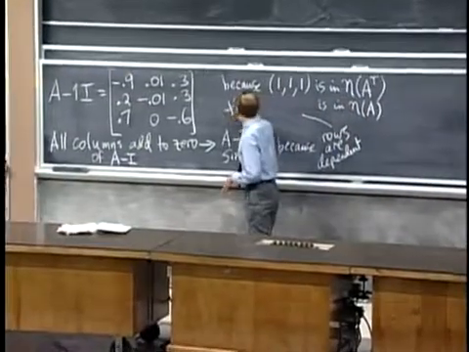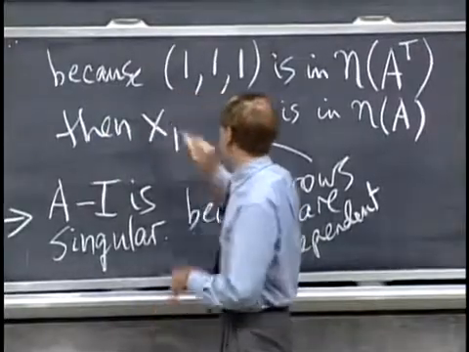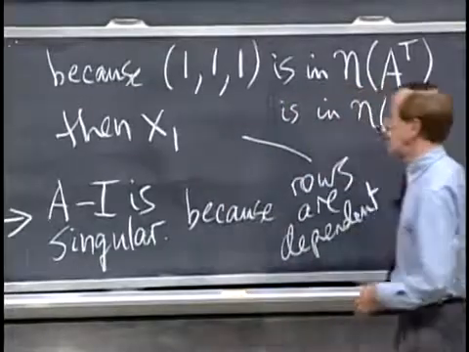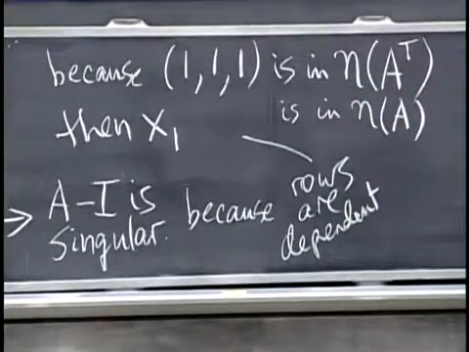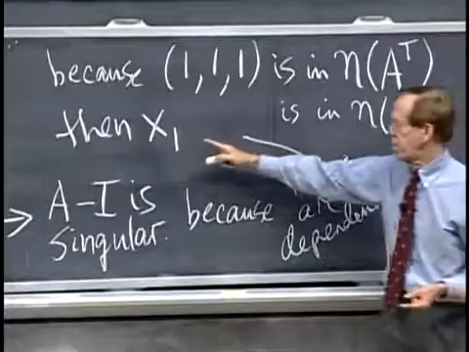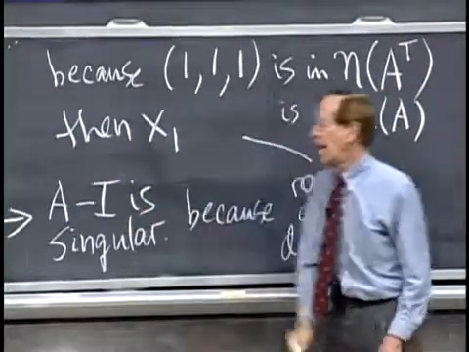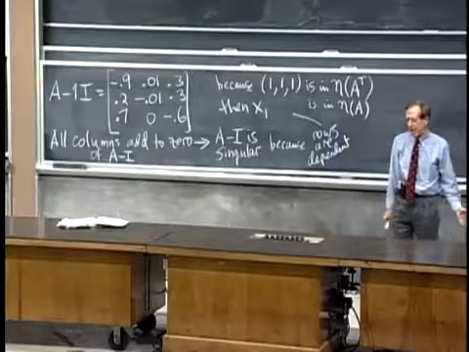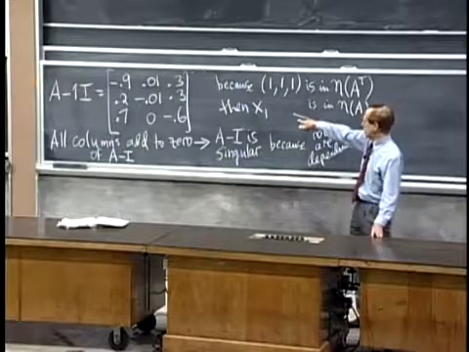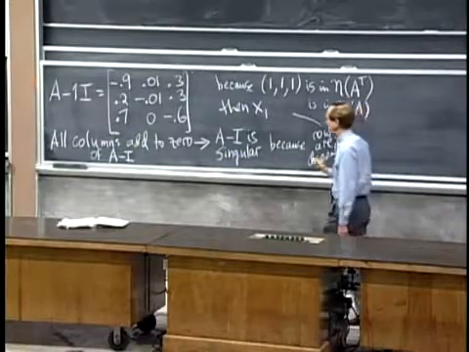Then x1, the eigenvector, is in the null space of A. That's the eigenvector corresponding to the eigenvalue 1, right? That's how we find eigenvectors. So those 3 columns must be dependent.